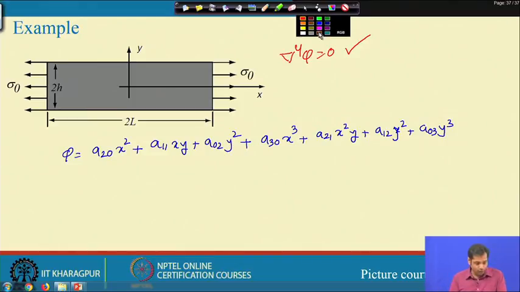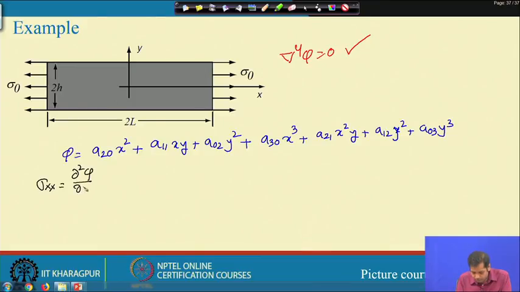If we recall, sigma x, that is sigma xx, is equal to del 2 phi del y 2, and if you write this, it becomes 2a02 plus 2a12 x plus 6a03 y. You can do this exercise parallelly and check.